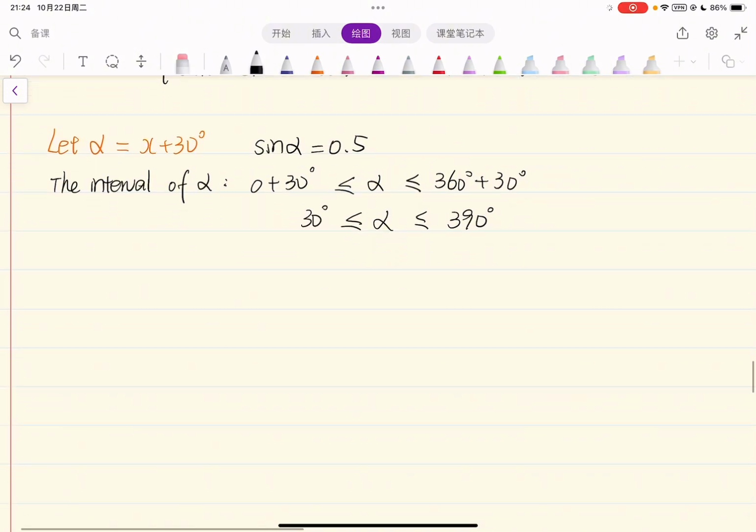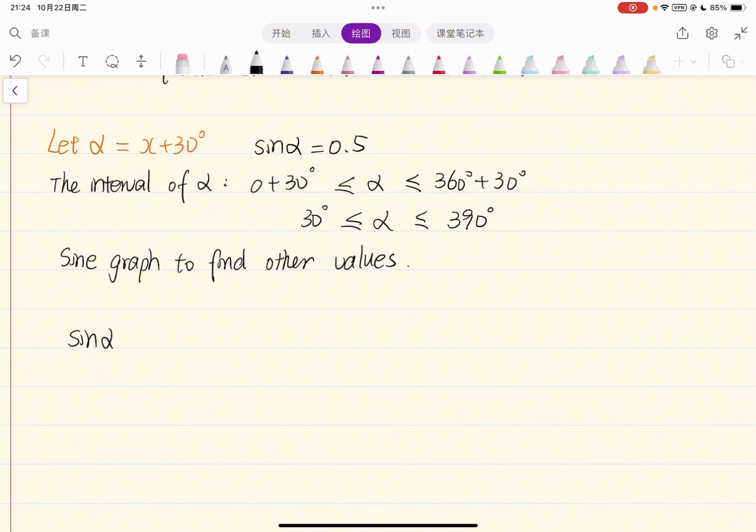Well, in addition to using a CAST diagram, we can use a sine graph to find if there are other values. Firstly, let us write down that sine alpha equals 0.5.